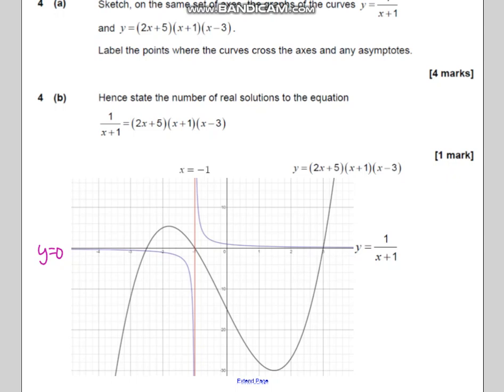But this one does, and so we've got minus 2.5, and here at minus 1, and here at 3. So that will cross the curve at all those points, and we can see also that we've got 2 points where the curves intersect. So that means we've got 2 real solutions.